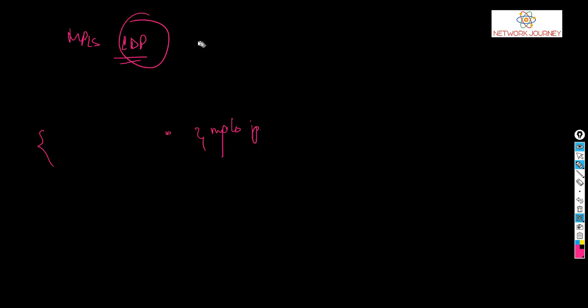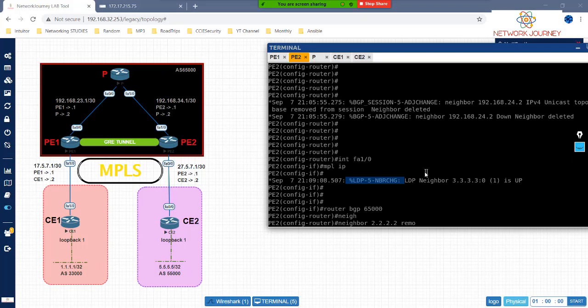All the push, pop, and swap will happen, and finally we see the MPLS binding. On the provider edge side, we will see how the labels get added and how the labels get taken out. So this is an important topic, the LDP topic.